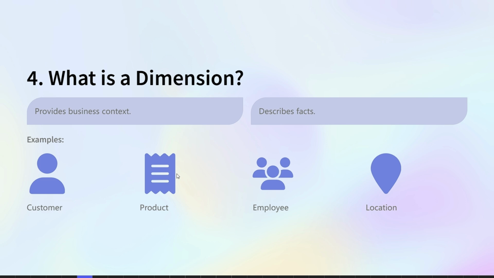Now let's understand facts with an example. If I'm talking about a sales-related fact table, what are the key attributes? Here we have foreign keys taken from date, customer, product, and the amount.